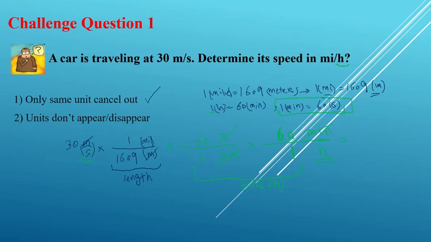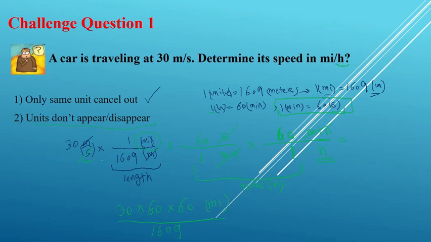So what I have here is 30 times 60 times 60 divided by 1609. Let's look at the units I have. This is what I mean by units don't appear or disappear. You must consider all the units you have. In the numerator, the only unit left is mile, right?